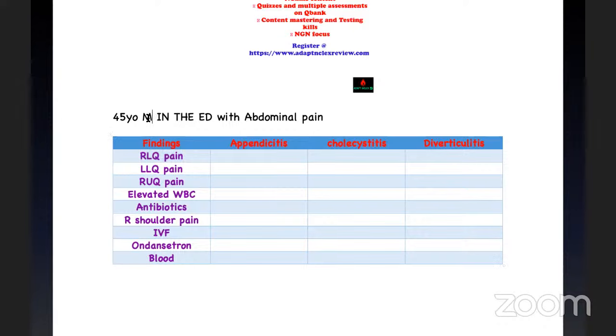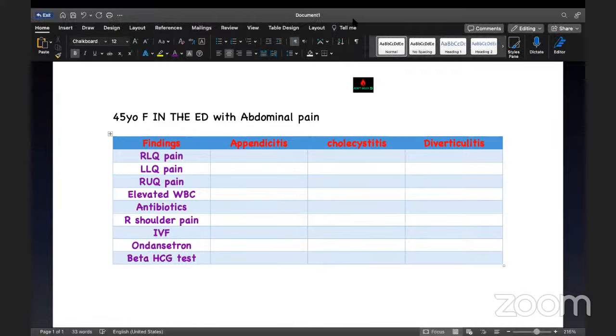Let's change this, assuming this may be a female. So what do you think?